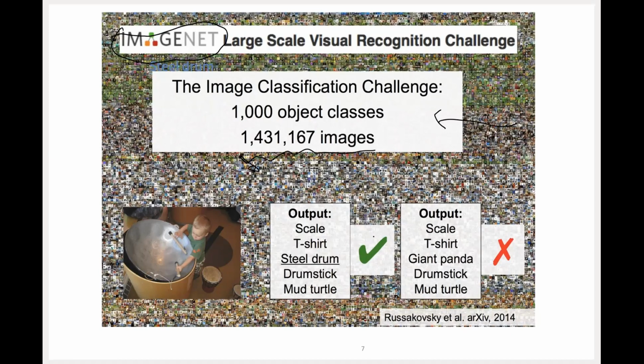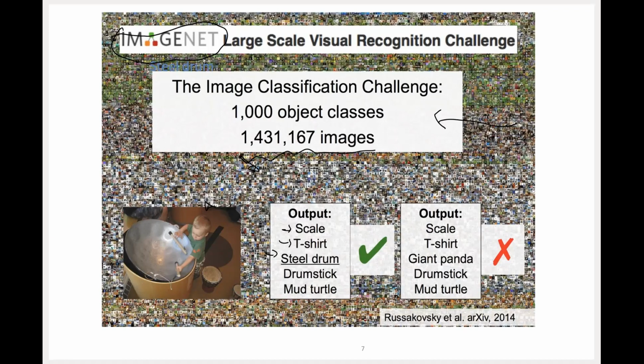Your model will often score the different classes, for how likely the image belongs to each class. Then we can pull out the top 5. For example, here the top 5 is scale, t-shirt, steel drum, and so forth.